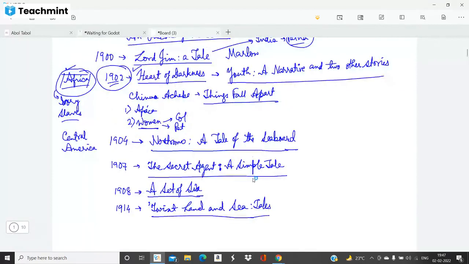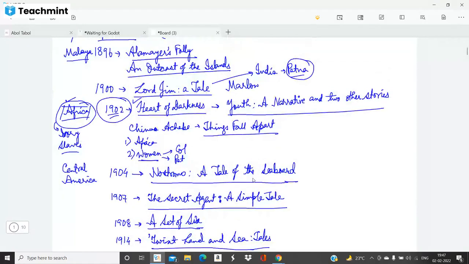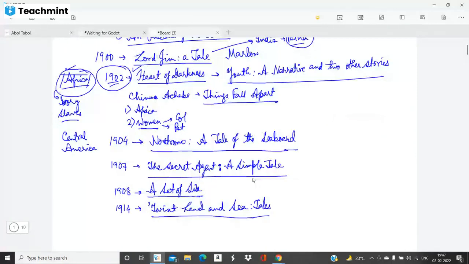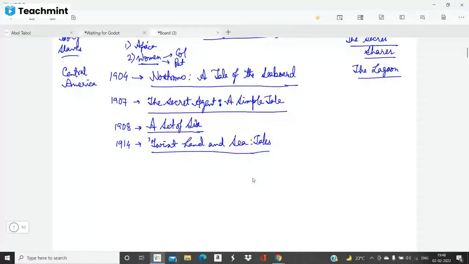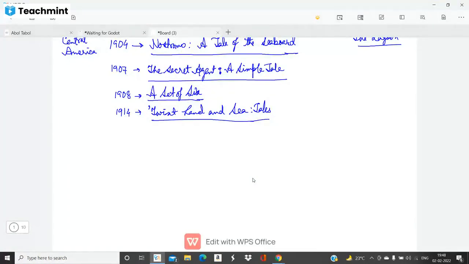One of them is definitely An Outcast of the Islands. Then there is a novella called The Secret Sharer. Also, there's another short story called The Lagoon. I think you should read these three at least. These are very brilliant short stories.